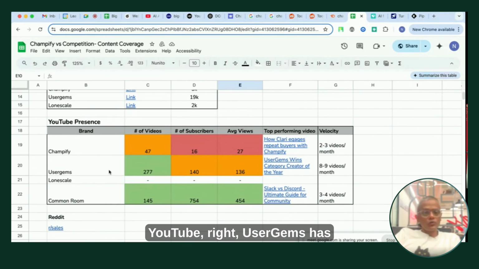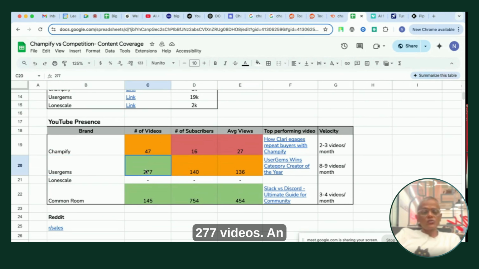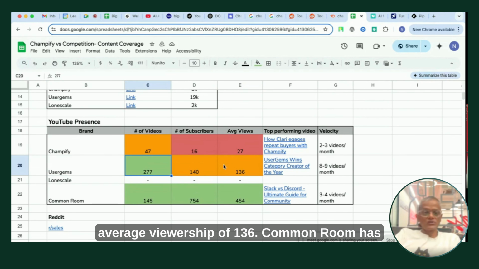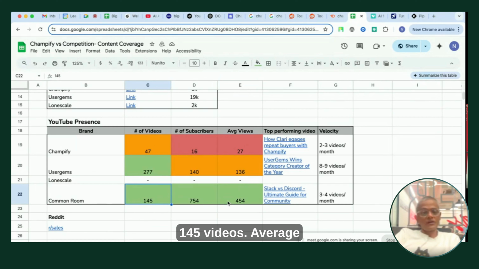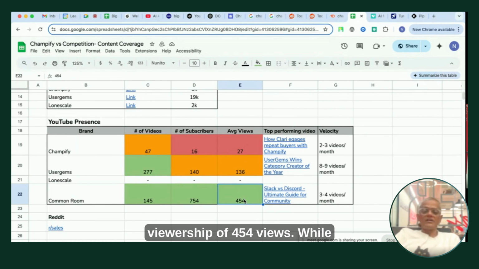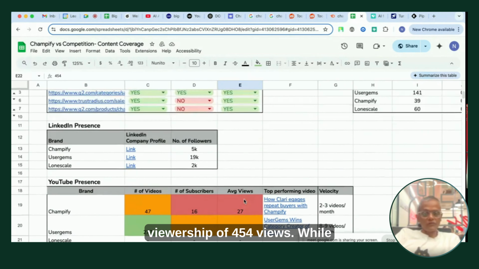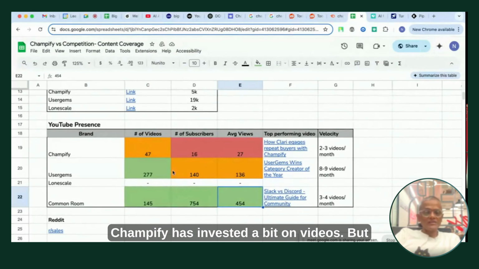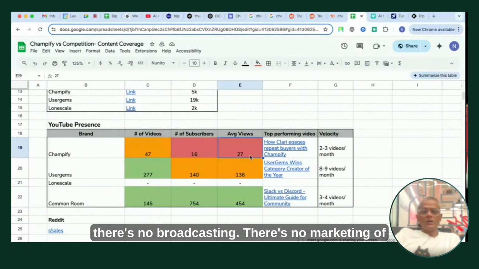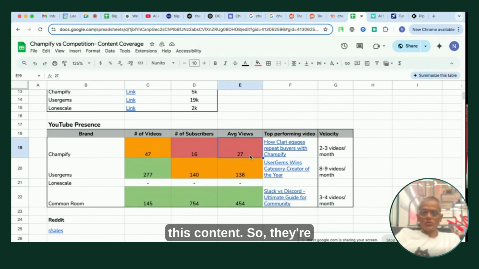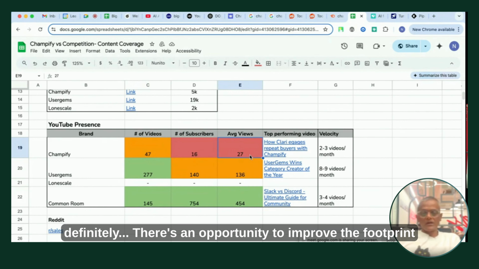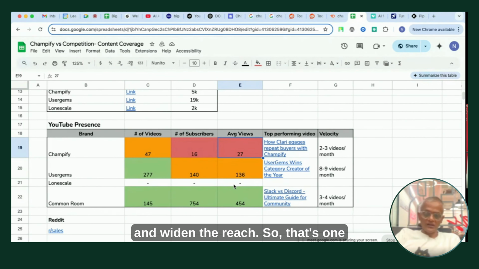When you look at YouTube, right, User Gems has 277 videos, an average viewership of 136. Common Room has 145 videos, average viewership of 454 views. While Champify has invested a bit in videos, there's no broadcasting, there's no marketing of this content. So there definitely is an opportunity to improve the footprint and widen the reach.